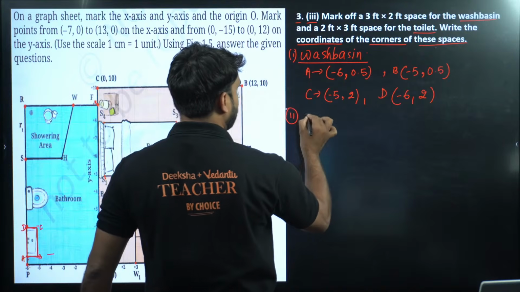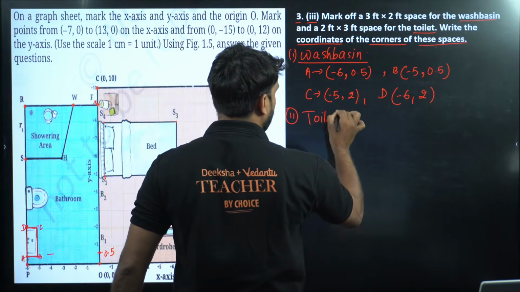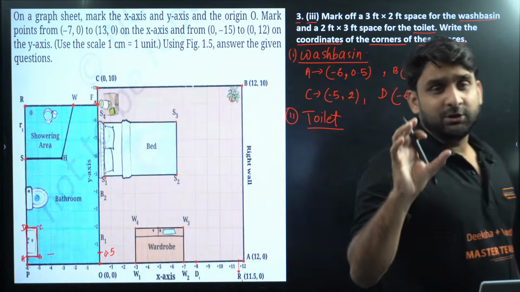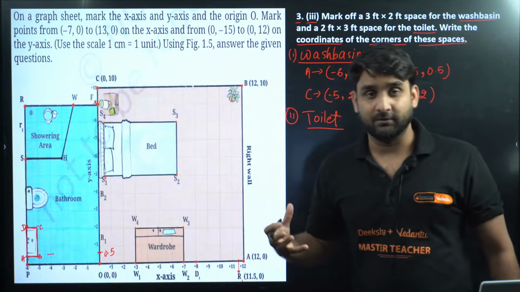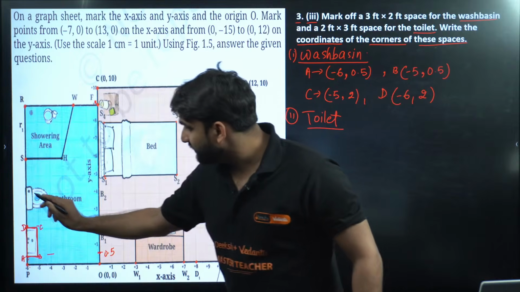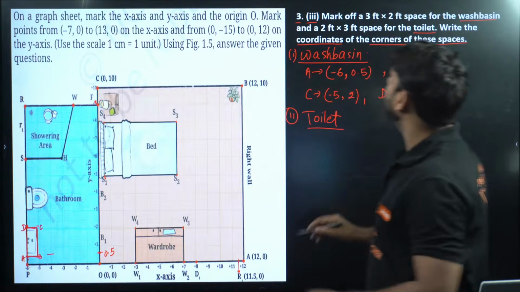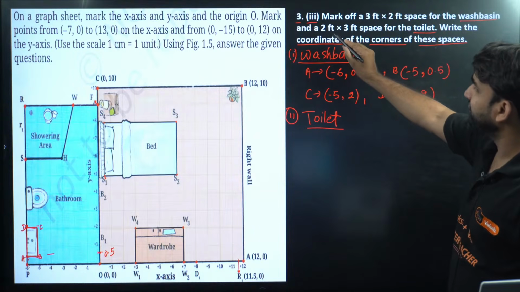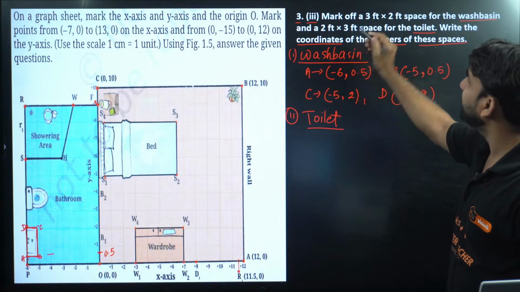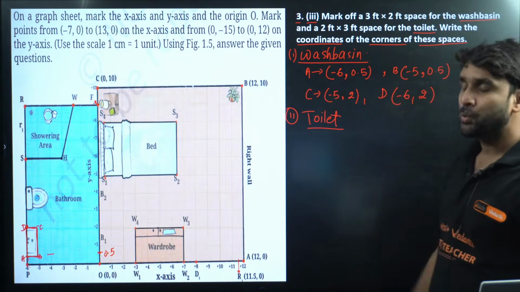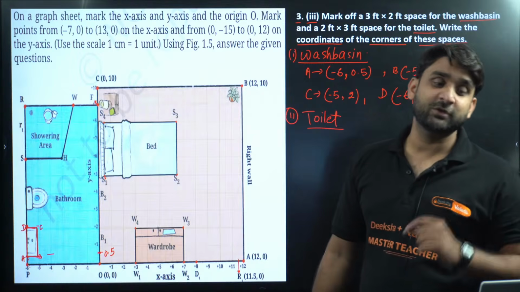Moving to the toilet. So first mark the area that you need to occupy for the toilet. So this is the toilet area here, and we have to occupy 2 cross 3 feet of space for the toilet.